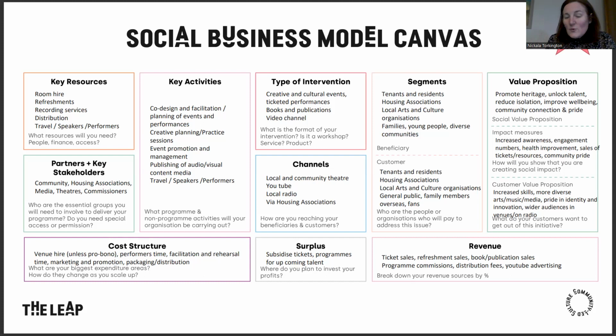And yes, they are of interest to the tenants and residents and the housing associations, and they may purchase tickets, or they might purchase the books and the other things. But over time, other arts and cultural organisations may want to commission them to repeat this or to do this sort of work again, or wider housing associations in other parts of the country might want them to.